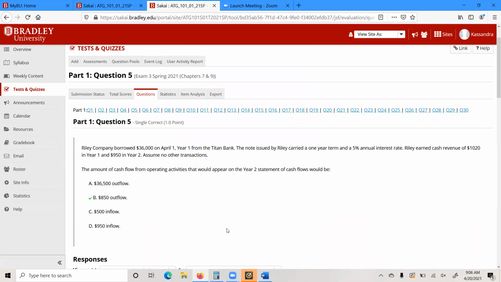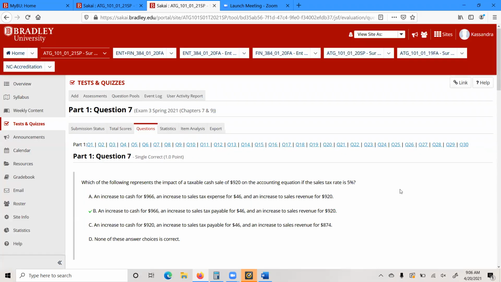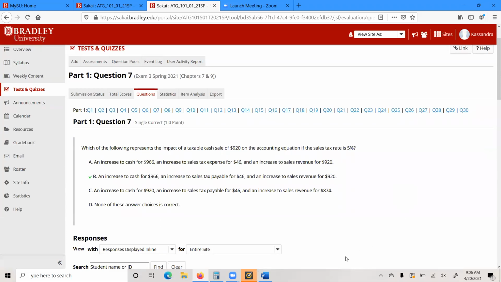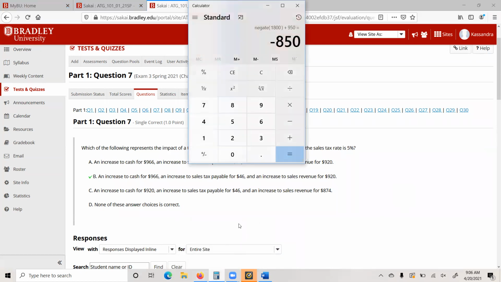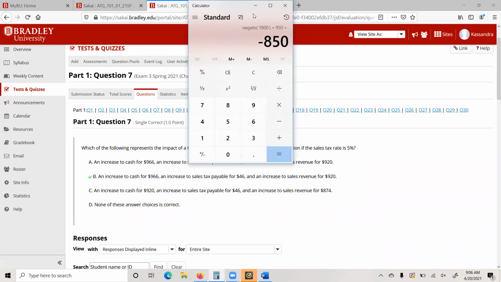Let's see, 7 was another one that there was a little bit of difficulty with. And that was, if there's a cash sale of $920 plus 5% sales tax, what would the effect be on the accounting equation? You'd have to calculate, first of all, how much cash you received on the transaction.